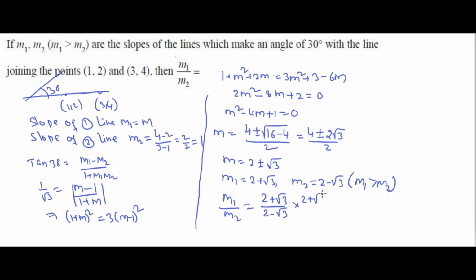Rationalizing factor is 2 plus root 3 by 2 plus root 3. That is equal to 2 plus root 3 into 2 plus root 3, 2 plus root 3 whole square, that is 4 plus 3 plus 4 root 3 by 4 minus 3, that is equal to 1, that is 7 plus 4 root 3. Therefore m1 by m2 is equal to 7 plus 4 root 3. This is the answer.